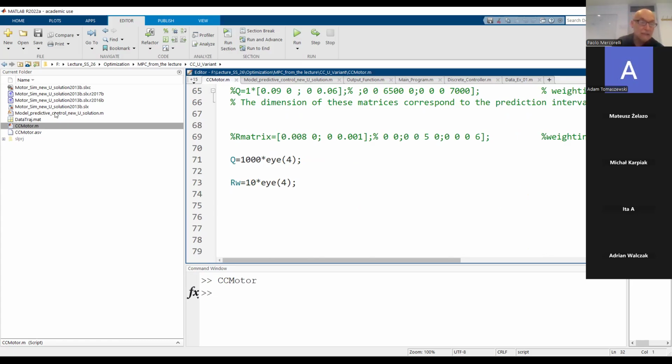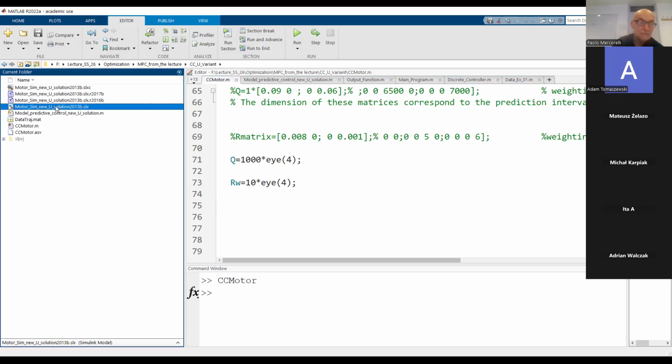Now, let me open Simulink. Let me wait. It's still running.